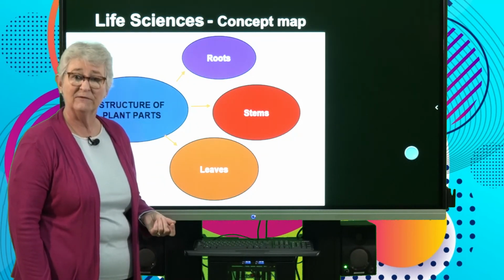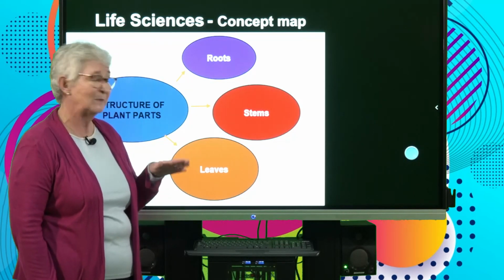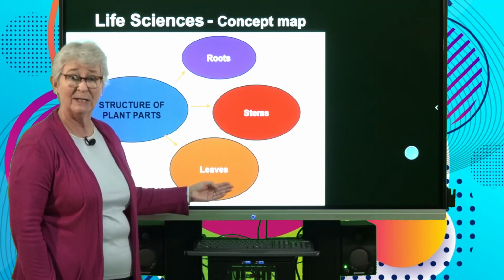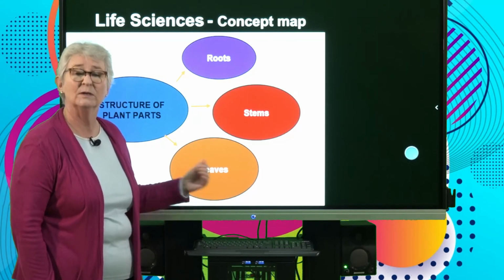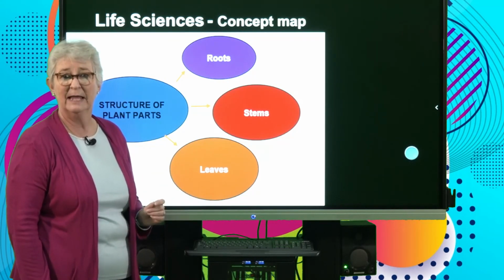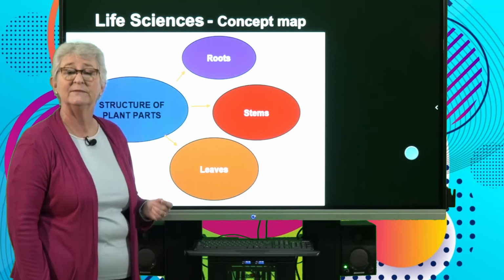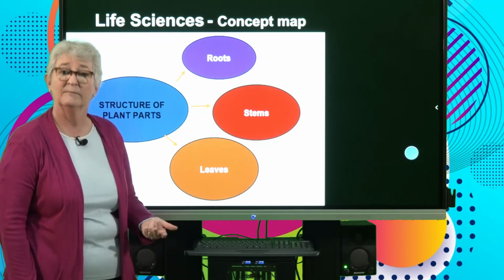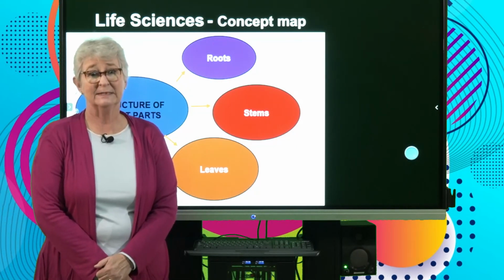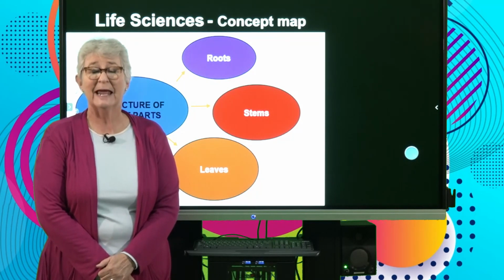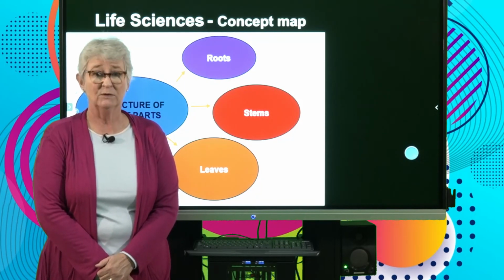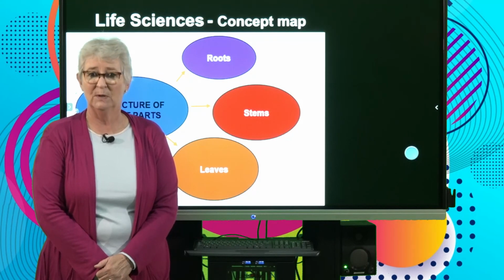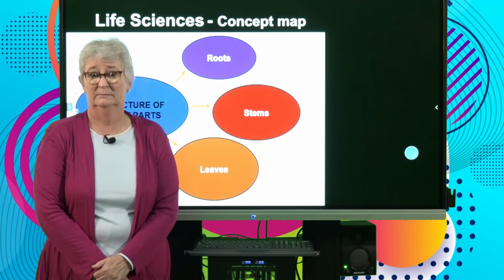In lessons going forward, we will be looking more specifically at leaves as the main organ of the plant, and we will be looking in detail at some of the functions of leaves, for example, transpiration, gaseous exchange, and water movement. I hope this lesson has helped you in your understanding of what a leaf looks like and why these parts of the plant are so important to us.